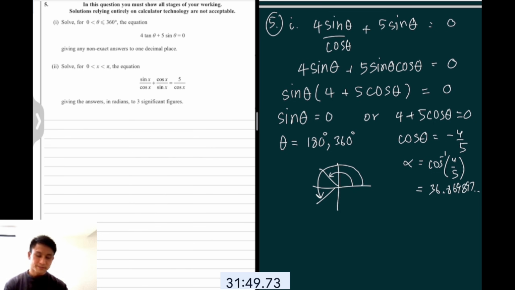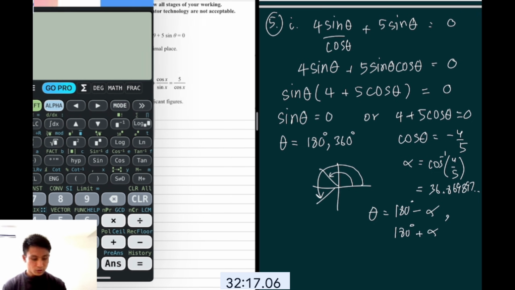One of them would be 180 minus alpha, since they use degrees here, and the other one would be 180 plus alpha. Those are the two solutions from cos equals minus 4 over 5.